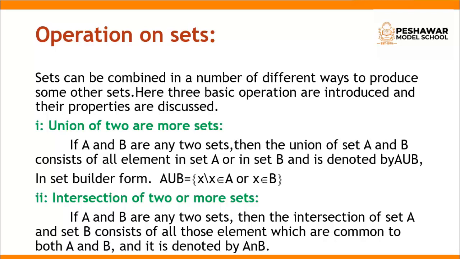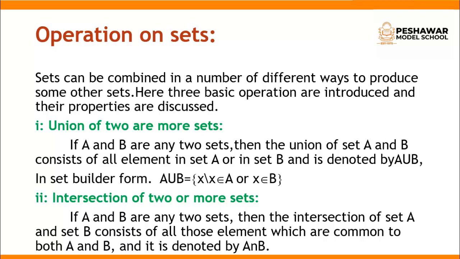So what is the union of sets A and B? We have to combine two sets together. So A union B is equal to {1, 2, 3, 4}. 2 and 3 are already in set A and set B, so they are not repeated, they should be written once.